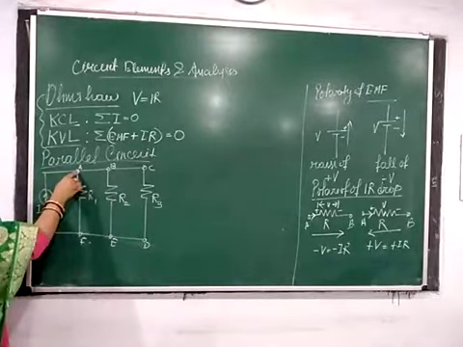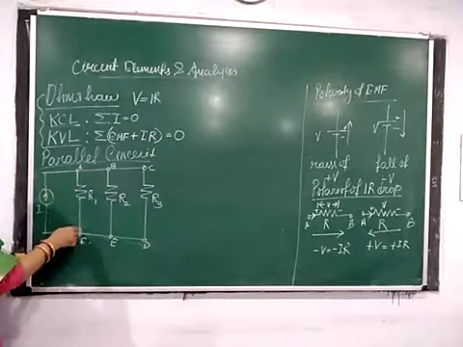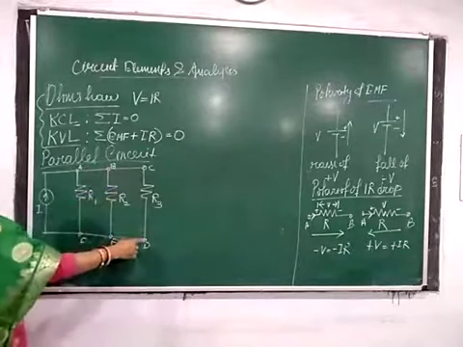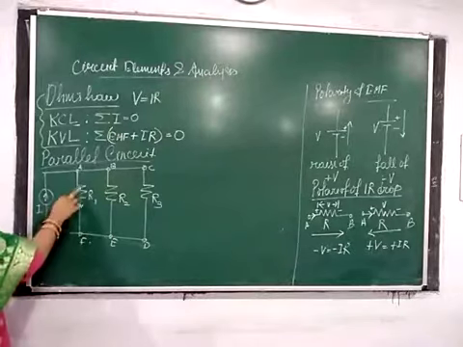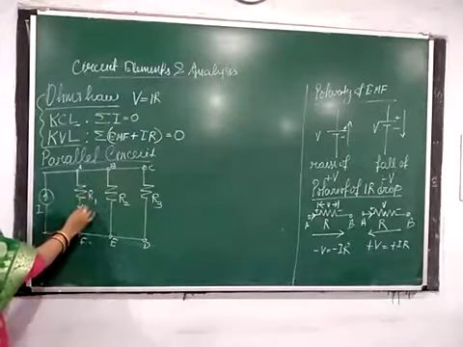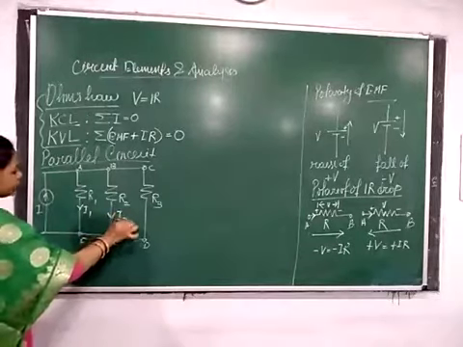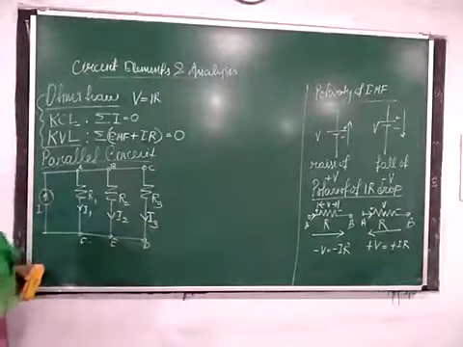At point A, it divides into 3 paths. One flows through R1, another through R3, another through R2. The current through R1 is I1, through R2 is I2 and through R3 is I3.